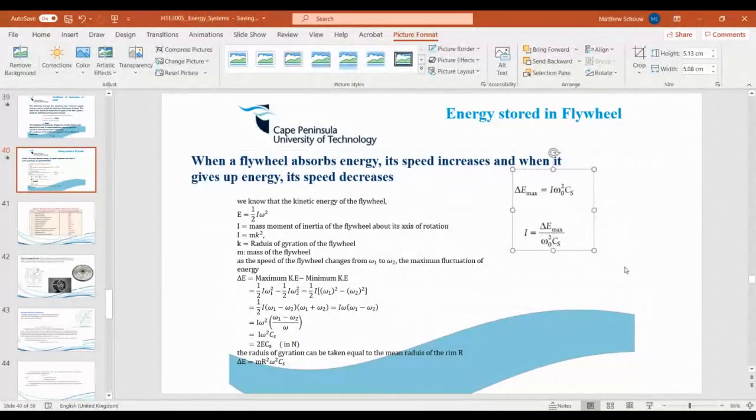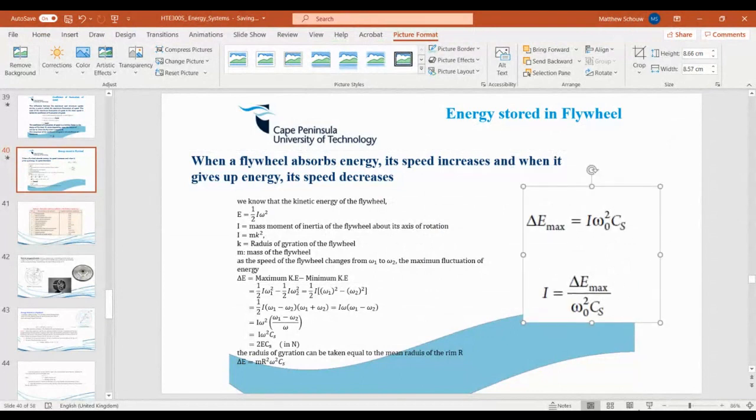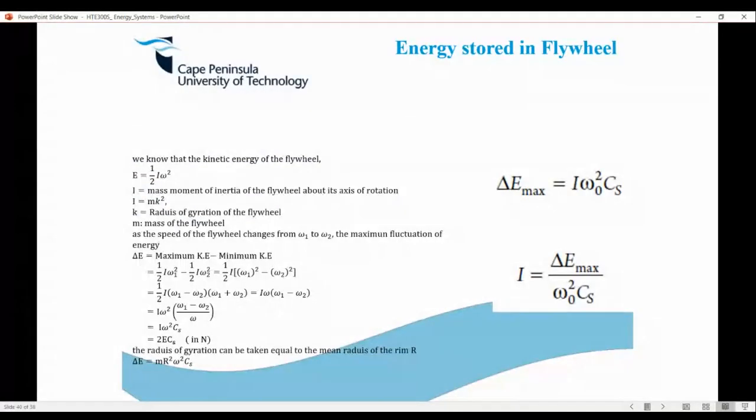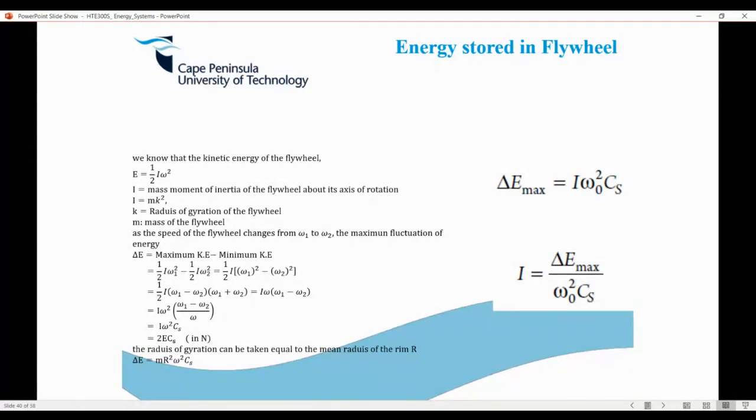But yeah, what they basically do, they take the kinetic energy of the flywheel, they take the maximum kinetic energy minus the minimum kinetic energy, and all we really get is I omega squared, which is the mean speed, and then something called CS, right? Obviously, you can make the I into mass times radius of gyration squared. So that is how we actually find the maximum coefficient.